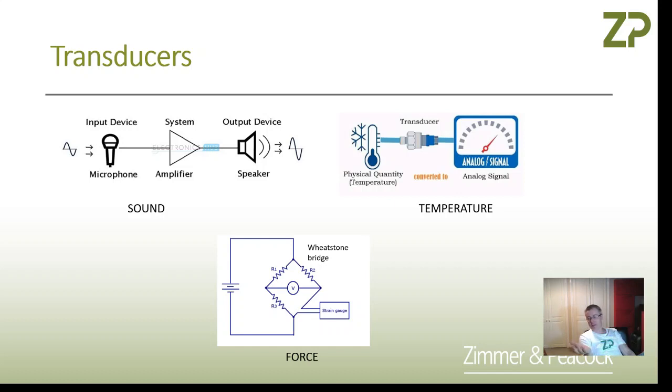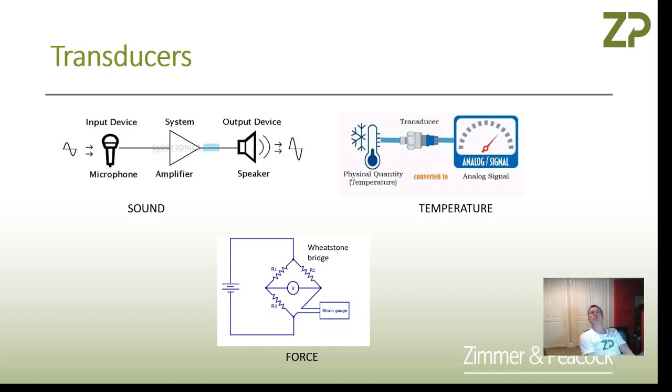Another classic is a temperature sensor which gives an analog output, and they say there's a transducer between those two things. You could say it was a sensor, but I have spent quite a while trying to find a very black and white definition of transducer and sensor. Depending on the field, some people use the word transducer and some people use the word sensor. But a transducer is not necessarily a sensor. It's a way of converting energy from one form to another.